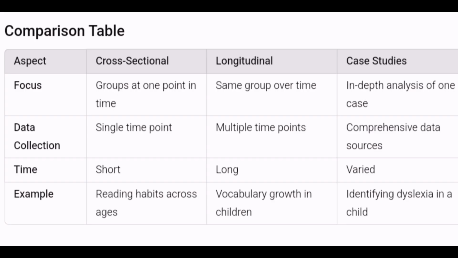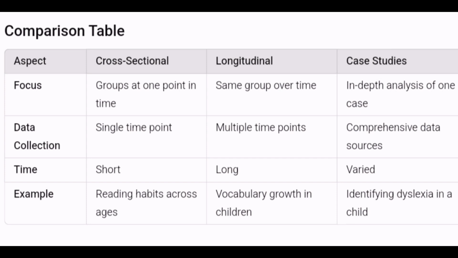Now, let us do a comparison between the three methods of child study, that is cross-sectional study, longitudinal study, and case studies. So focus. Cross-sectional study focuses on groups at one point in time. So in cross-sectional study, we focus on a group of individuals but at a single time.